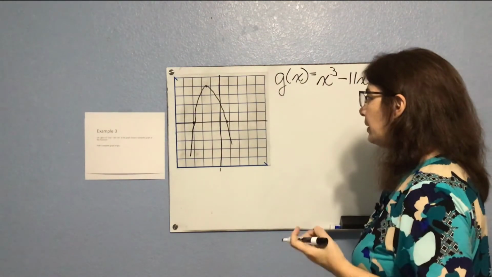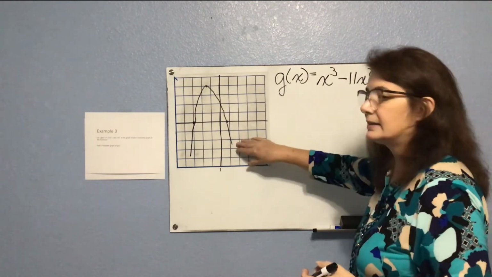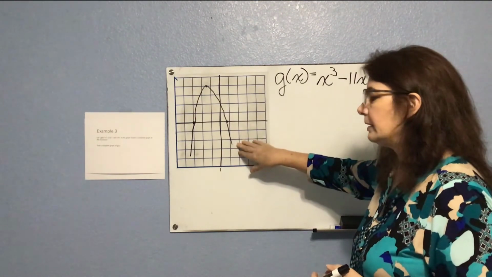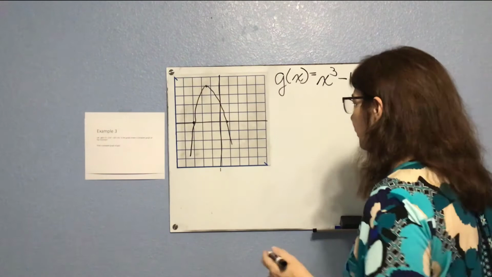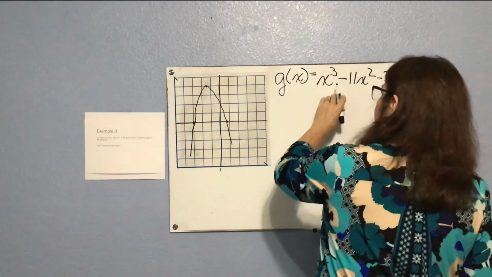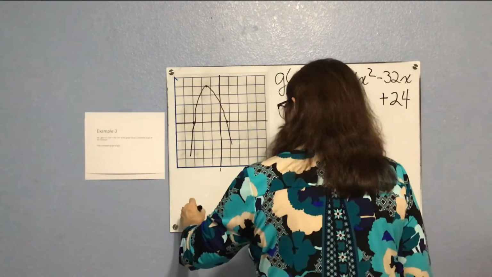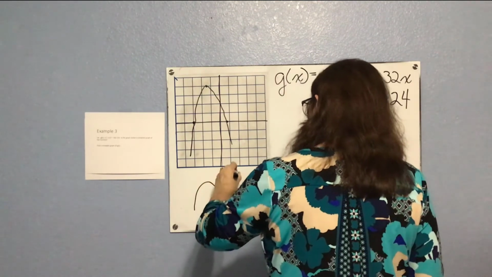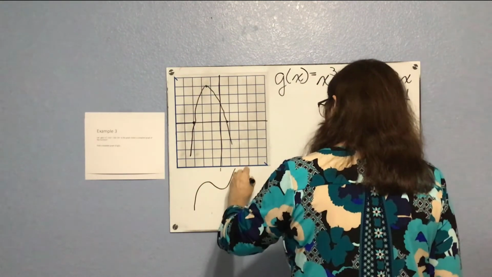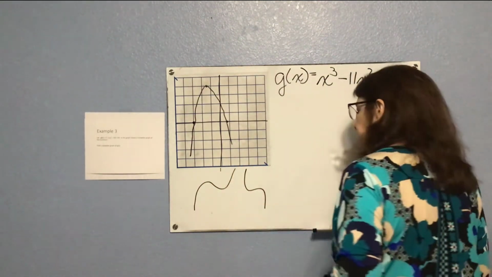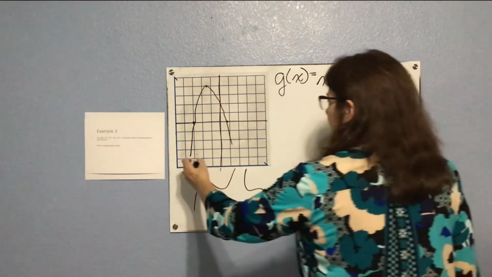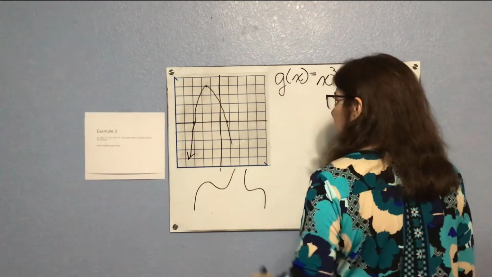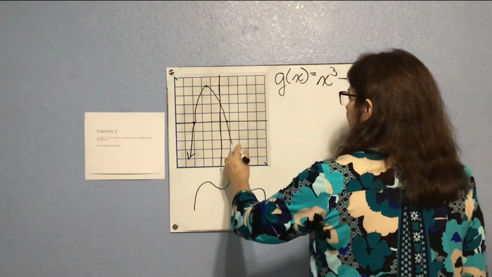Okay, but how do I know for sure that this is not a complete graph? I know for sure that it's not because a third degree graph is either got to start low and end high, or start high and end low. Well, this, in this picture at least, looks like it starts low, but also ends low.